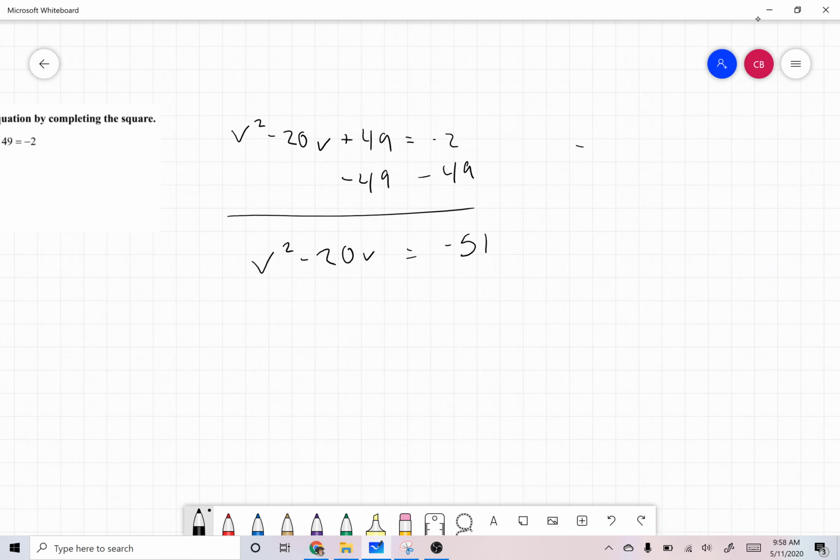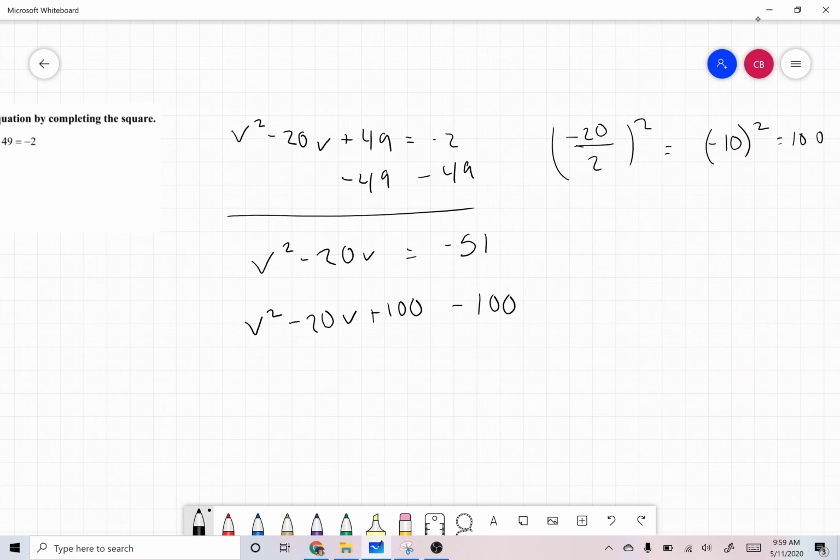We have b is negative 20, over 2, squared, which is negative 10 squared, which is 100. So v squared minus 20v plus 100 minus 100 is equal to negative 51, and we don't want to forget our parentheses for this.